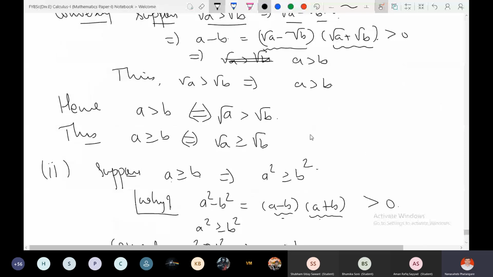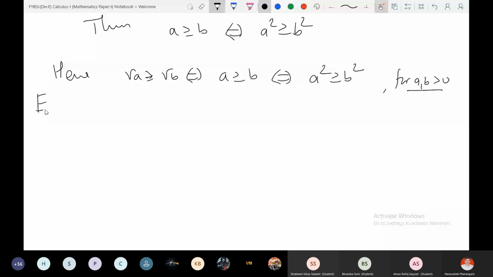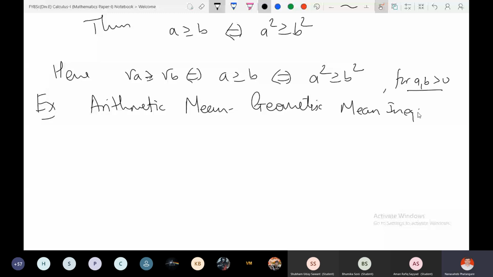Fine. So using this, the arithmetic mean geometric mean inequality, the AM-GM inequality. So let a and b be real numbers.